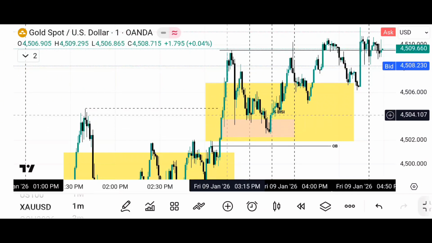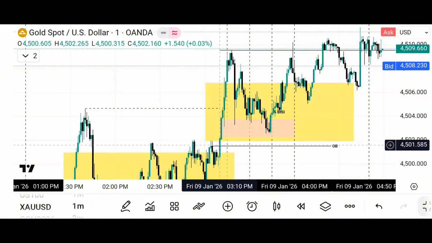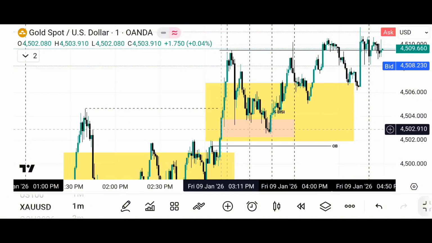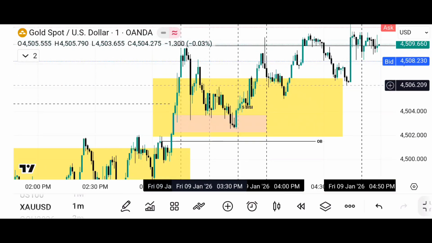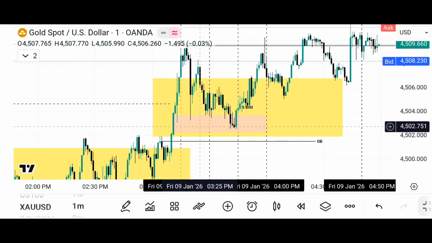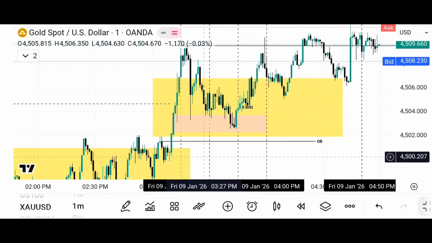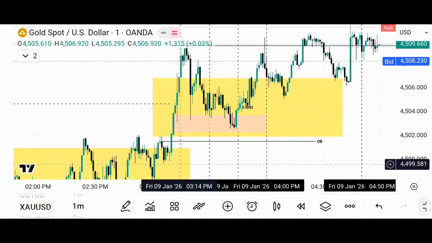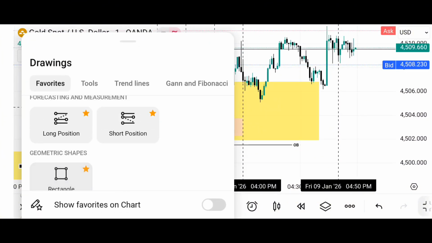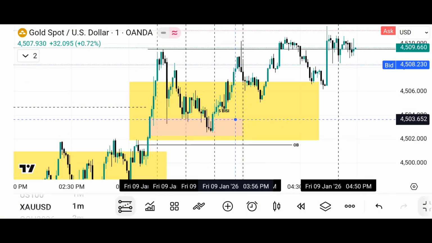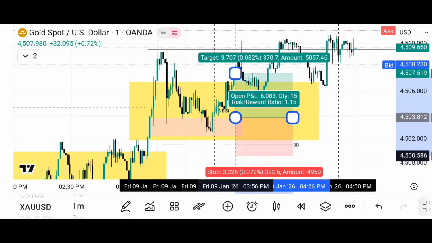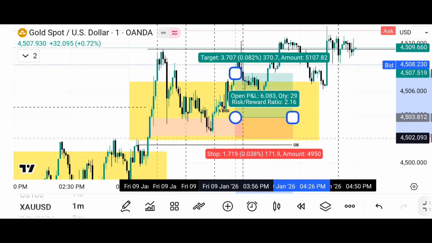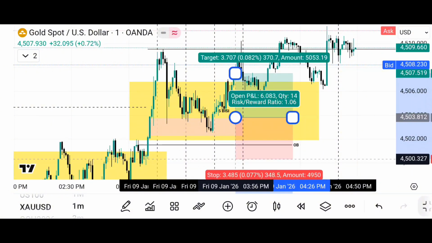Once you spot the fair value gaps and you know there's going to be a continuation in price to go up, you anticipate price to trade down into this fair value gap right here. But you also give room while placing your stop loss. Let's say you put in a buy limit here. When placing your stop loss, you don't place it here, you place it somewhere here or here.